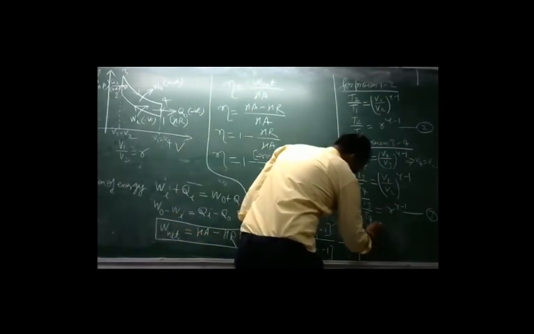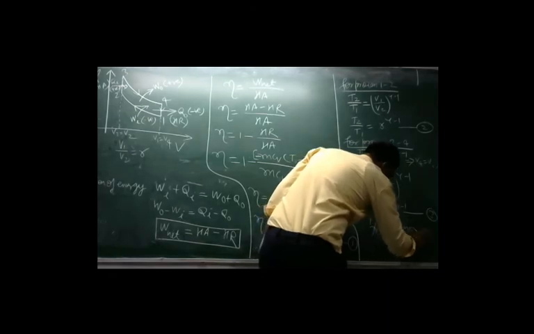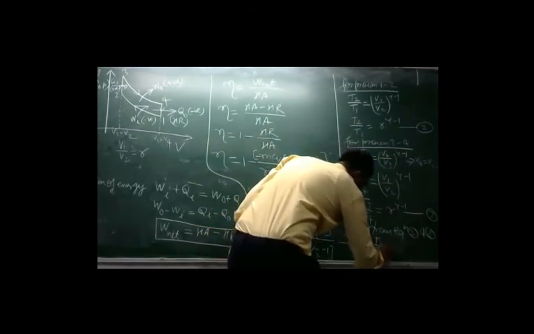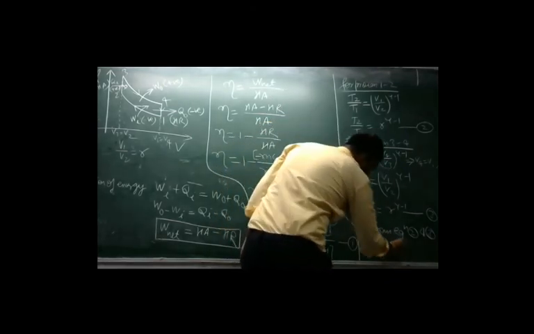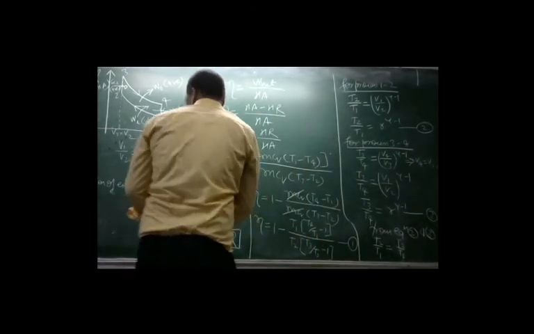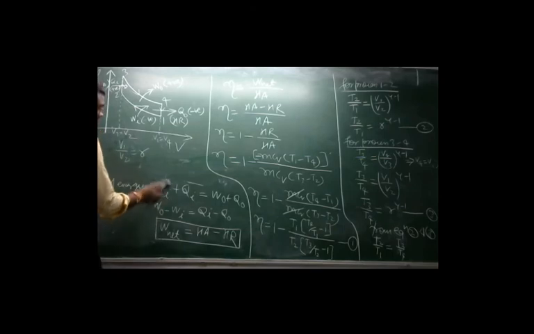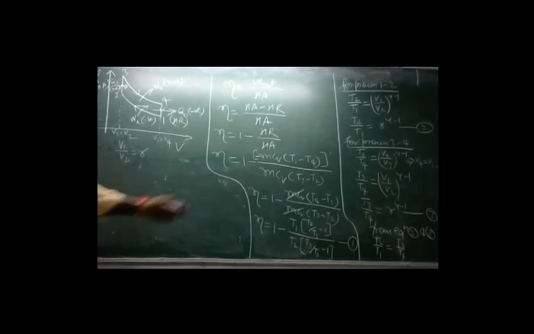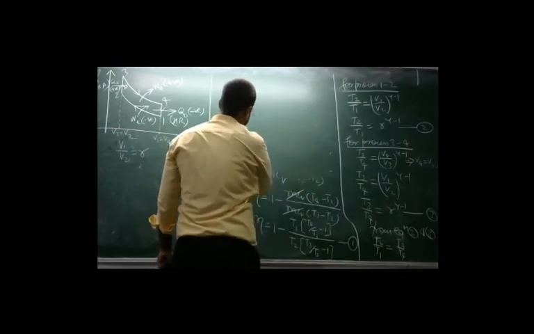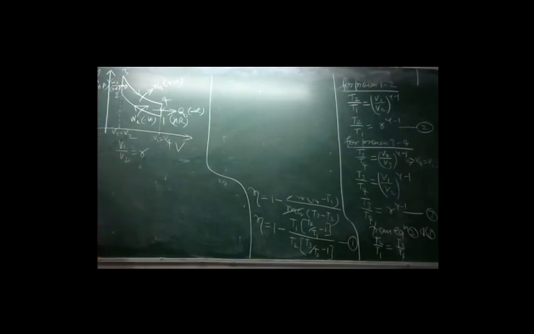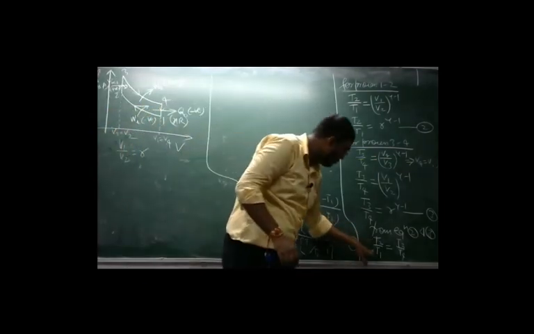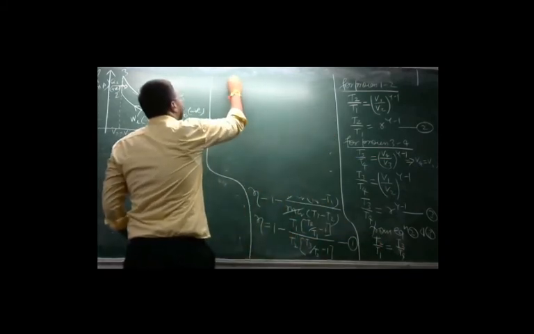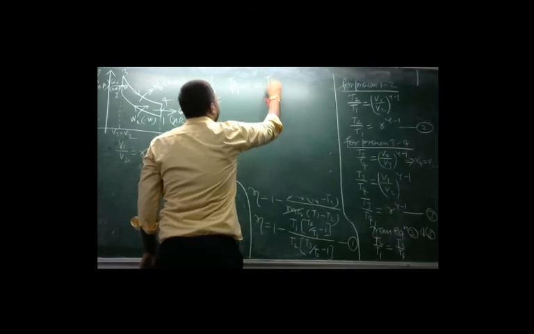So from equations 2 and 3 we can say that T2 by T1 should be equal to T3 by T4. Now subtract 1 from both the sides.